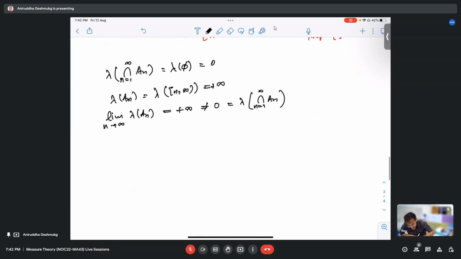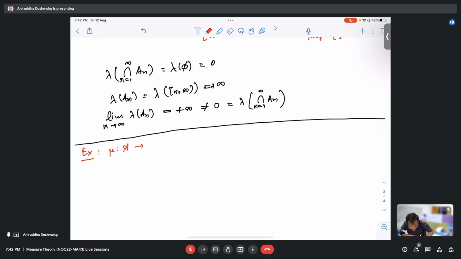Another thing was an exercise to prove the following. Suppose again mu from an algebra A to [0, infinity] is a finitely additive set function such that mu(X) is finite.